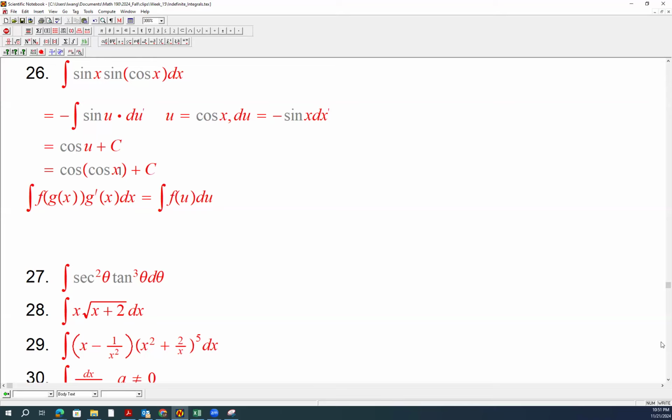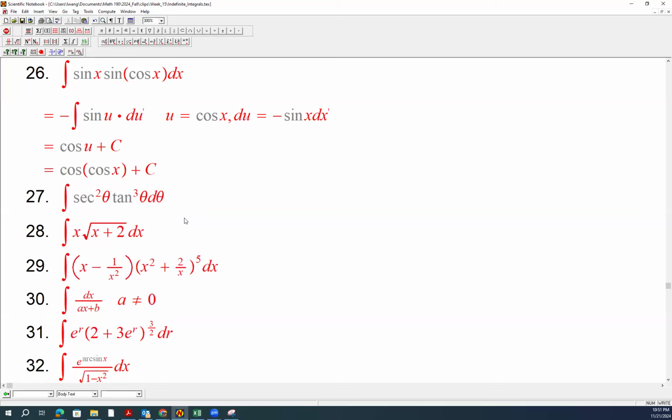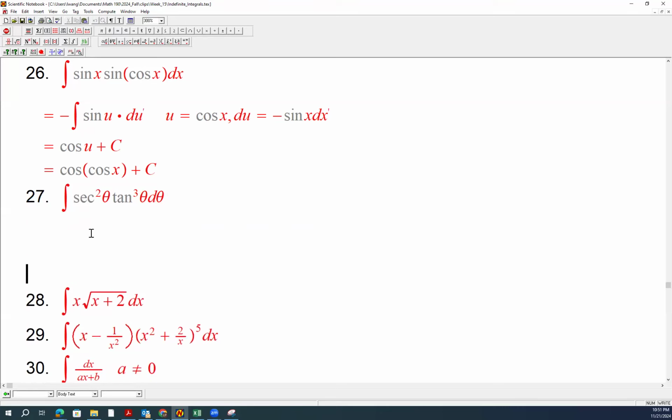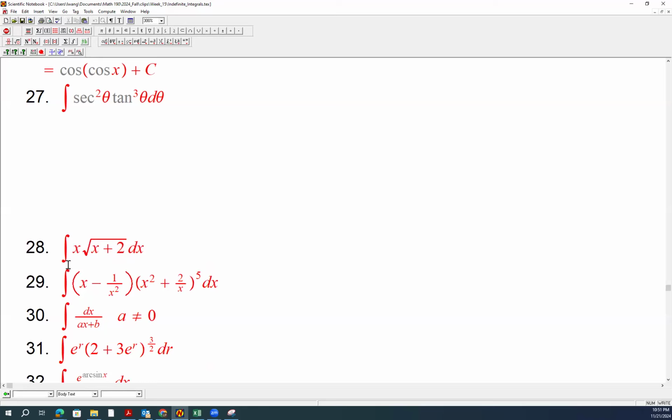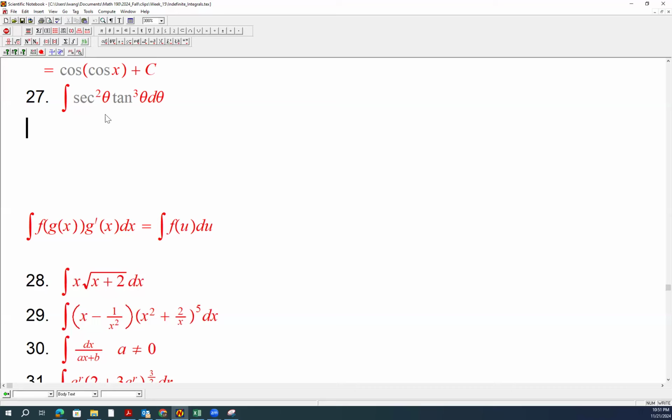Our questions actually get a little bit harder. Look at number 27, and looking ahead at number 28. Pause it if you want, but I'm just going to go ahead so we have a solution set.